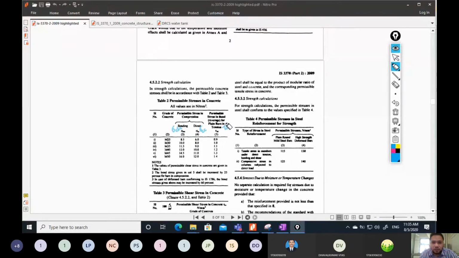The same way you used to have the tau BD value in the limit state method, but different values are there for different grades of the concrete. So you can have the values of tau BD also from table 2.